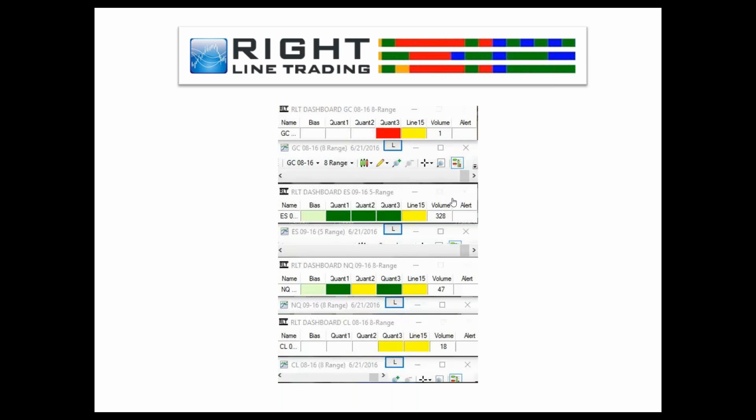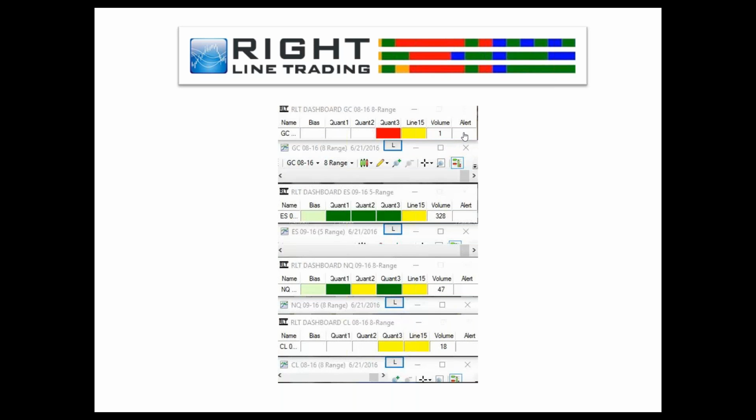Now, what we added here is our dashboard, and this is an optional add-on. And I'm going to show you the dashboard live. I don't have any video of the dashboard in action, but I think you're going to see it on our platform working. And what the dashboard has is all of the major independent variables that you need to get a transition zone trade.